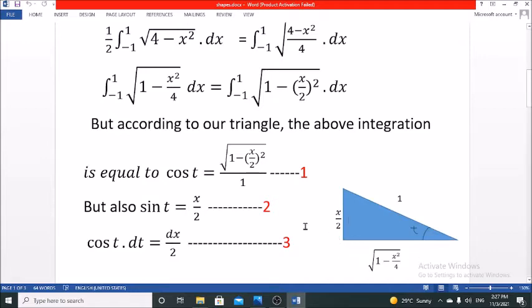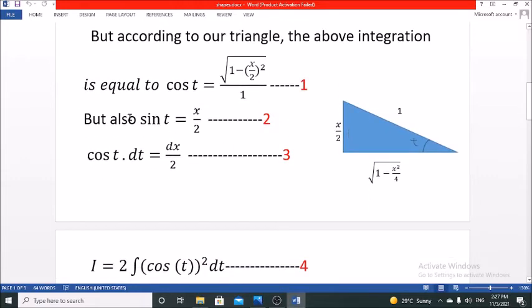And also according to our triangle, sine t is equal to x over 2. Differentiating sine t, it would be cosine t dt equals dx over 2. The half is the constant of the differentiation, of course. So this is 1, this is 2, this is 3.